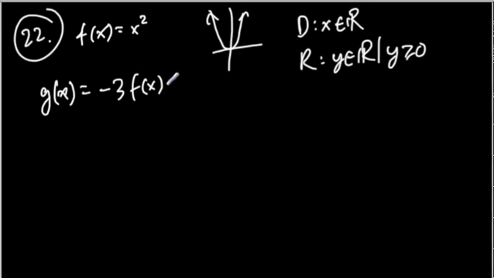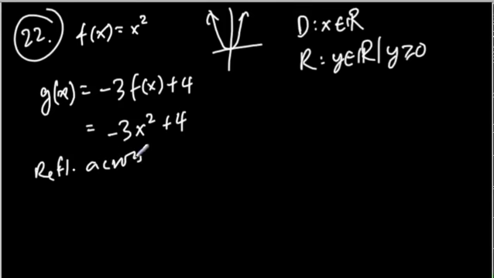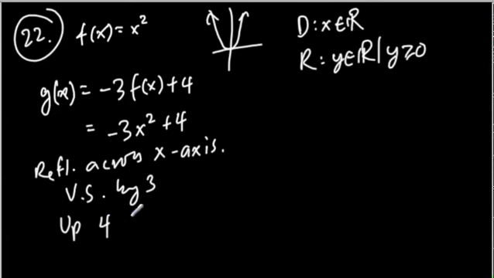And since nothing really changes, it's just going to be -3x squared plus 4. As you can see, there's a reflection across the x-axis. There's a vertical stretch by 3, and it's up 4.